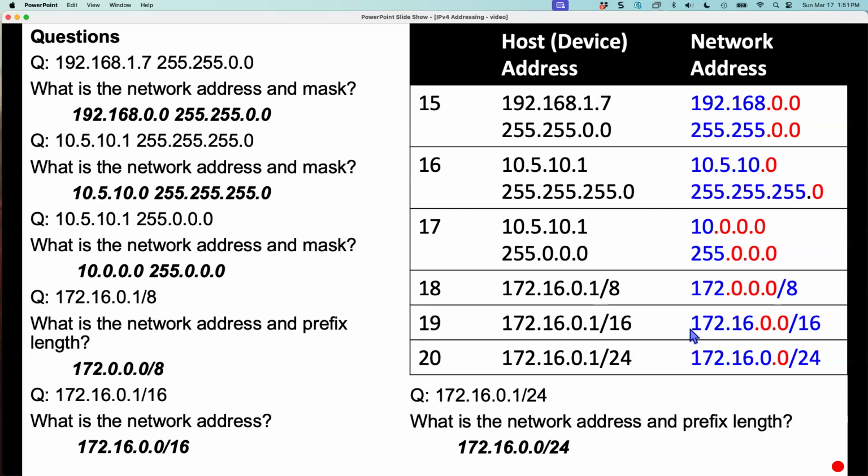In this top one here, this 0 here, the 3rd decimal number, is part of the host. In this one here, because our mask is /24, this 0 here, this 3rd decimal number, belongs to the network. Okay, so it makes a difference what the mask is. That's why you have to know what the mask is.